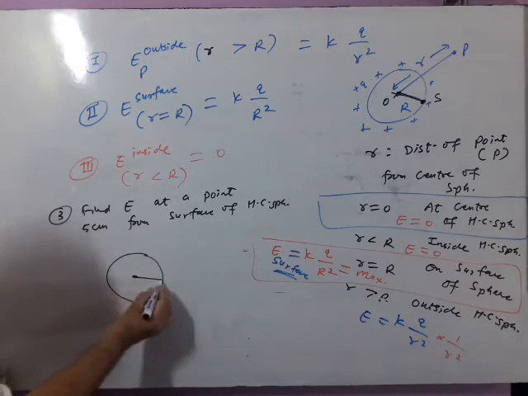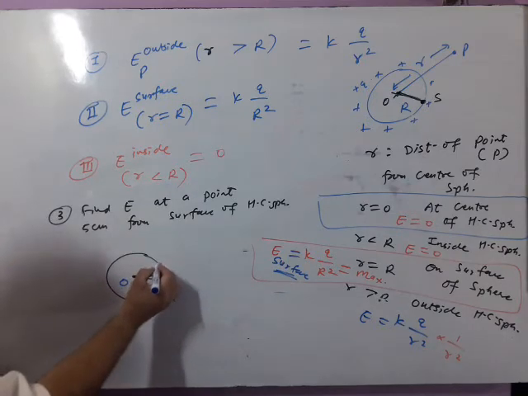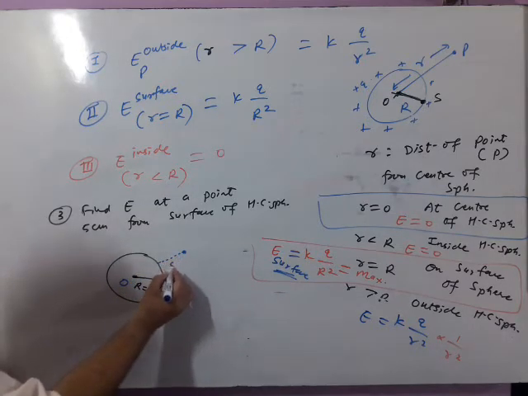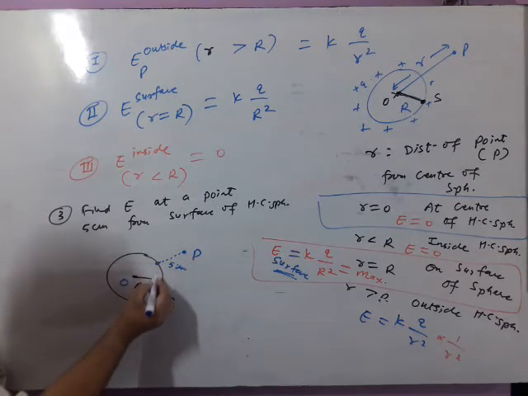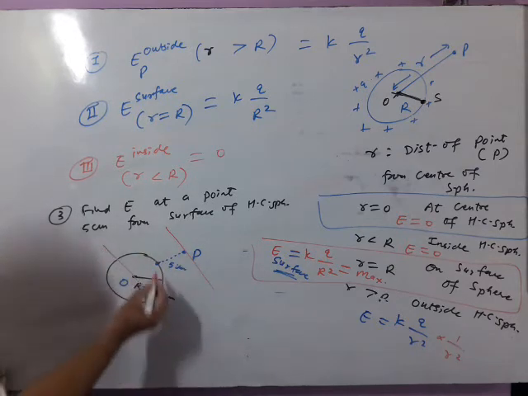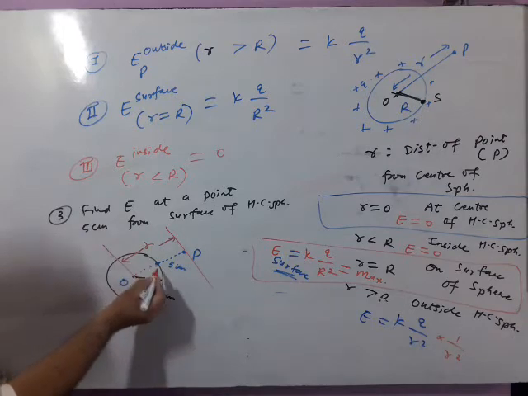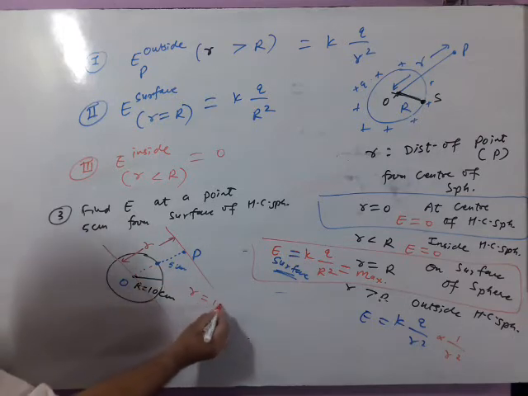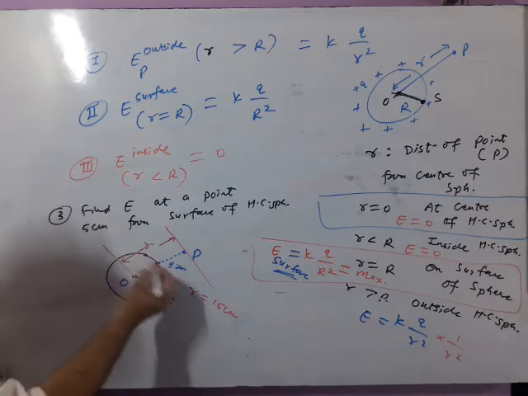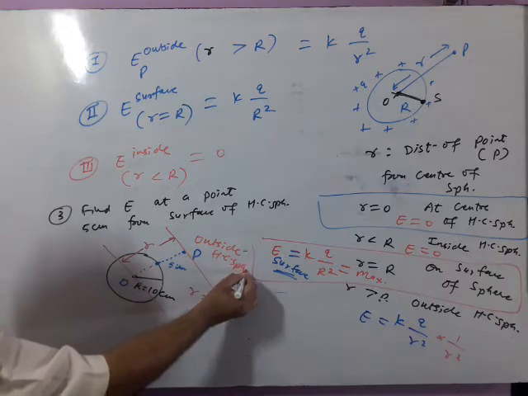This is a sphere of radius 10 centimeter and we are finding electric field at a distance of 5 centimeter from the surface. This is the surface. So what is the distance from center? This is called small r. It will become 10 plus 5, 15 centimeter. And this point will become outside the hollow conducting sphere.